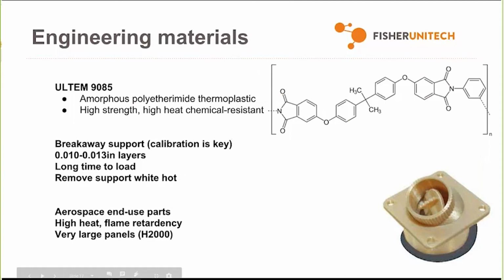Okay, let's get into the Ultems. Ultem 9085. I got my notes out of order here. Okay, so this is categorized as a polyetherimide. Sabic makes it, and PEI is the acronym for polyetherimide.